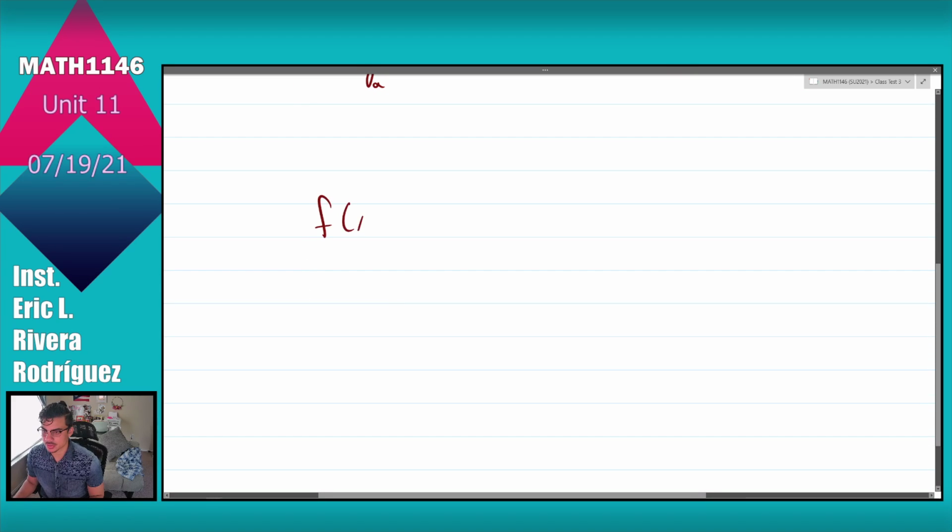Going back to unit number 10, the exponential parent function is f of x equals a raised to the power of x, with a being a positive constant value that is not equal to 1. With that we get the following points. When x is equal to -1, we have 1 over a.